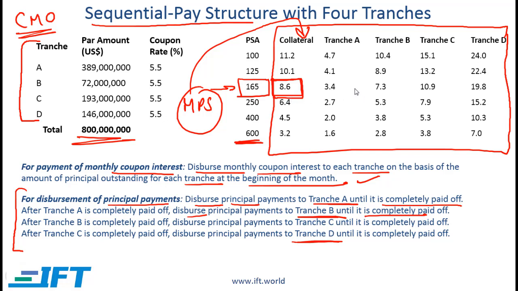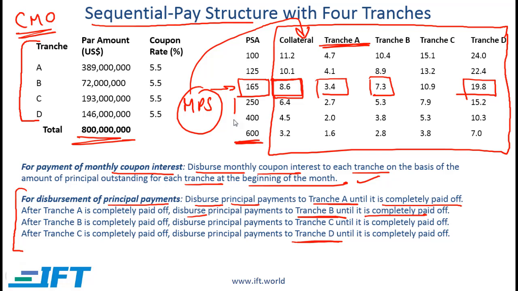Now, if prepayments do come in, those prepayments first pay off tranche A. Clearly the life of tranche A is going to be low compared to the life of tranche B, and the life of tranche D is going to be the longest. Let's now talk about extension risk and contraction risk.